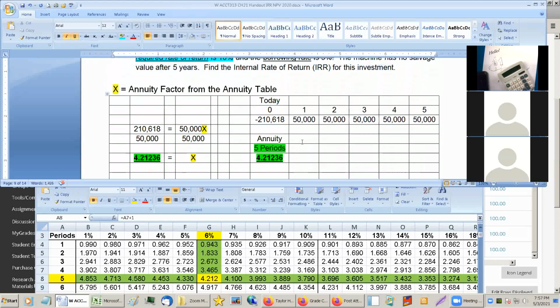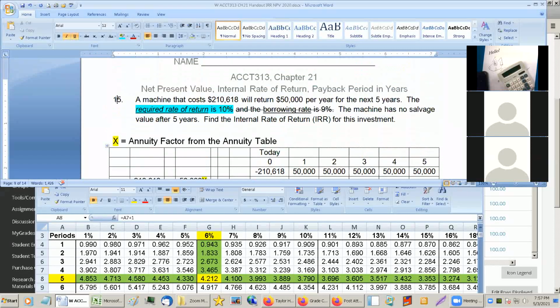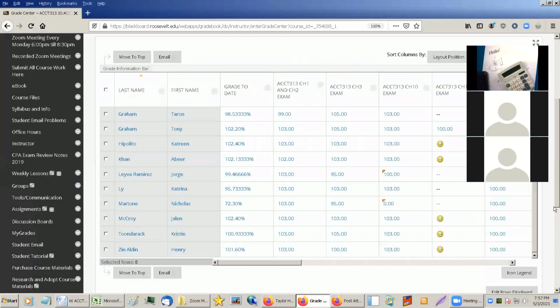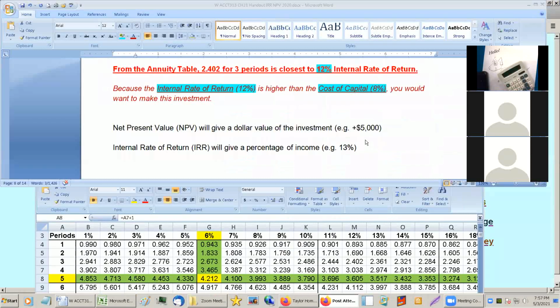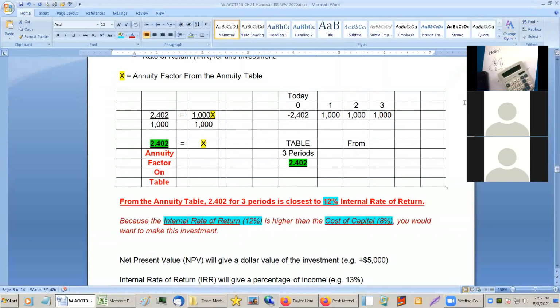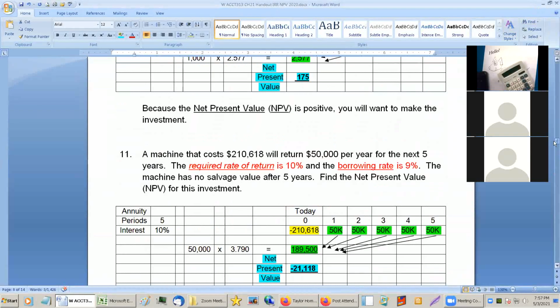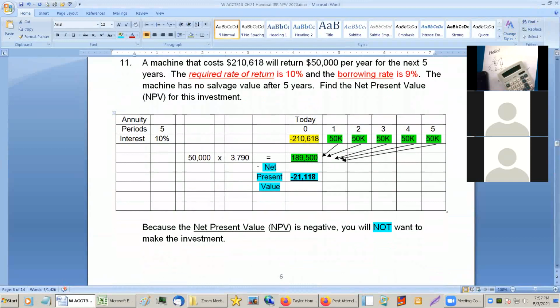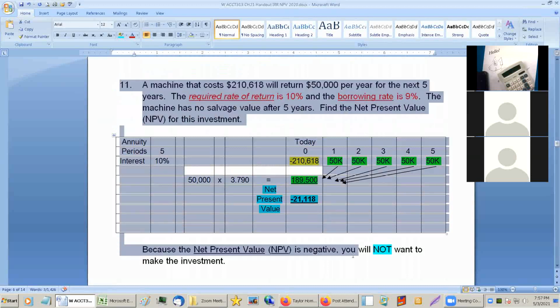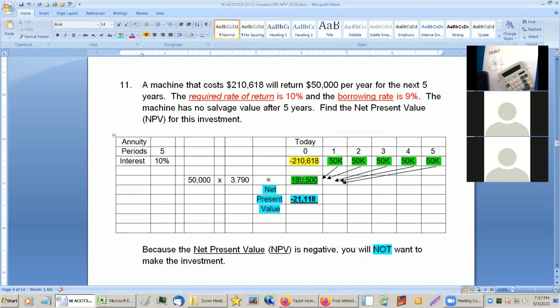Yeah, so now you'll notice that this one is very similar to a different one we had. That was this one. This one came up with a negative net present value. It's the same problem, but you could look at it and say, okay, we'd be losing $21,000.